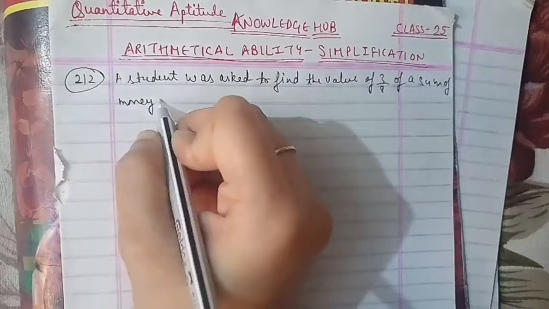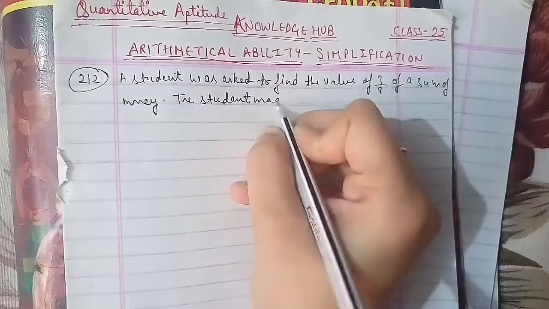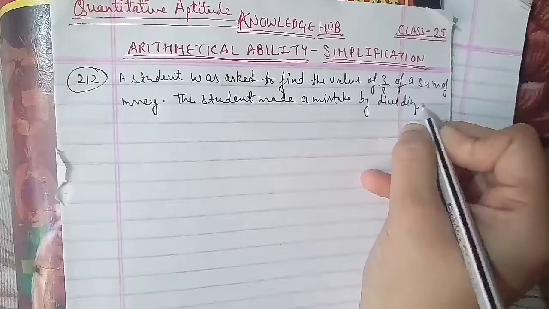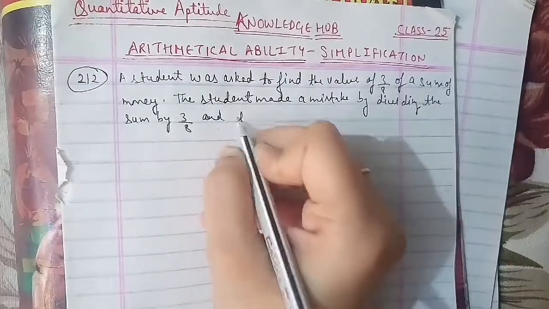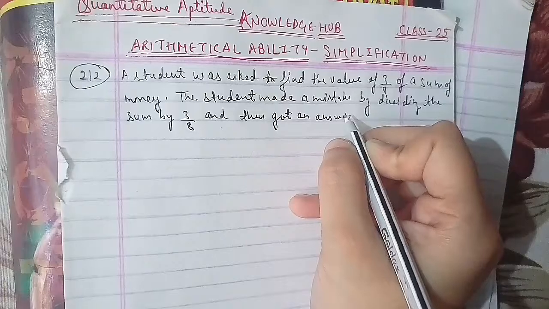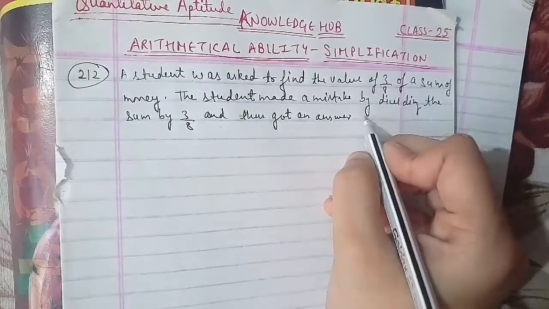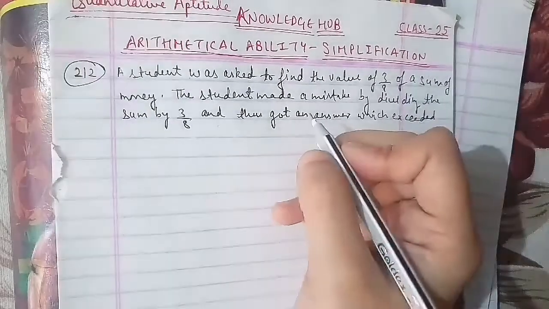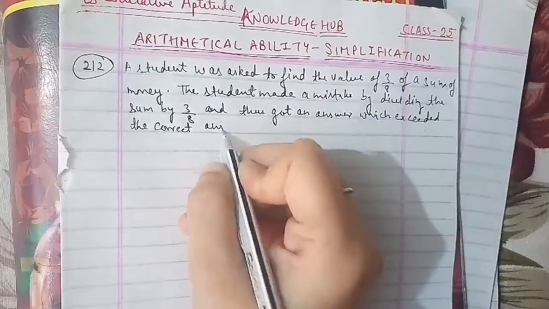The student made a mistake by dividing the sum by 3 by 8 and thus got an answer which exceeded the correct answer by rupees 55.